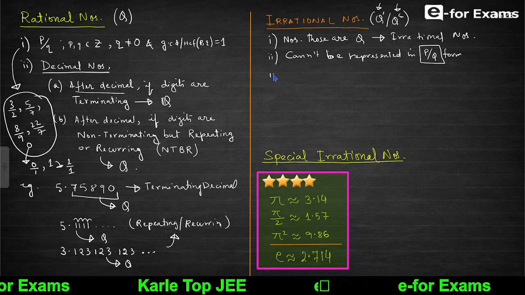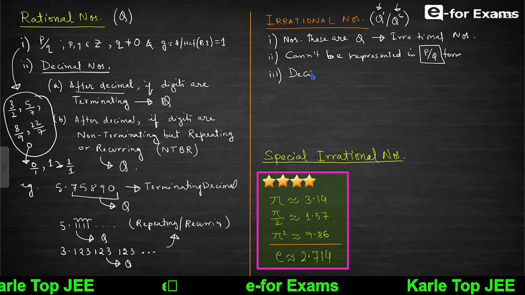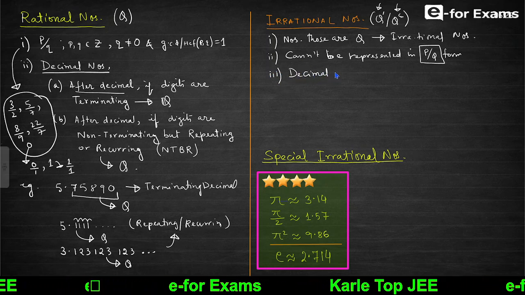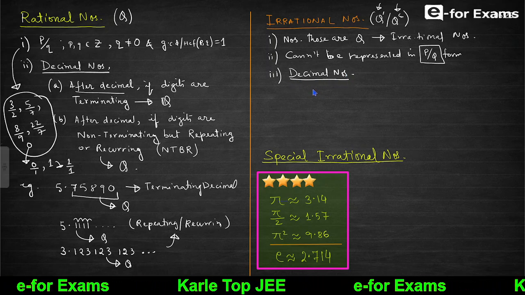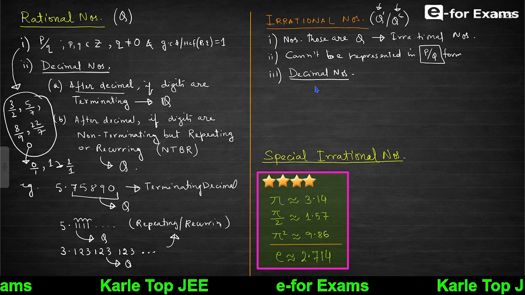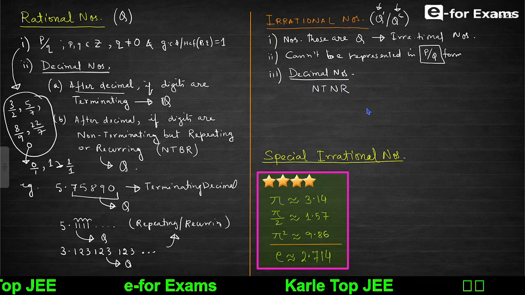Point number 3. Here also decimals. In decimal numbers, how do we define irrationals? If the decimal is non-terminating, non-repeating, NTNR.